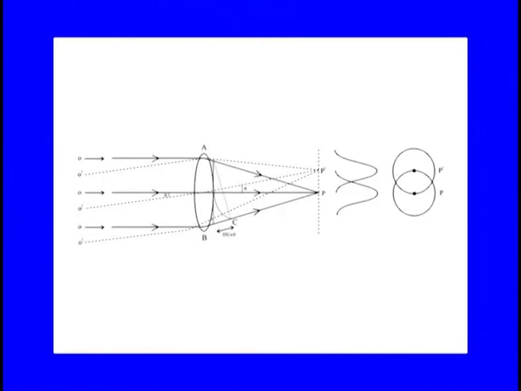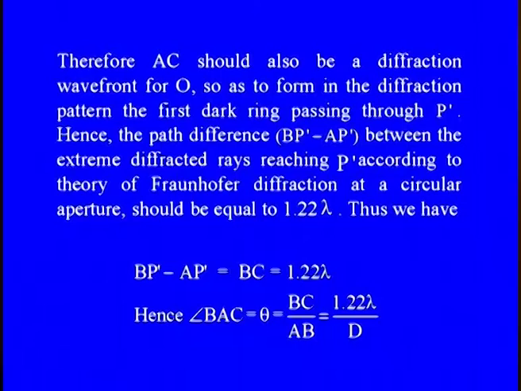For just resolution of O and O prime, the dark ring in the diffraction pattern of O should pass through the point P prime.